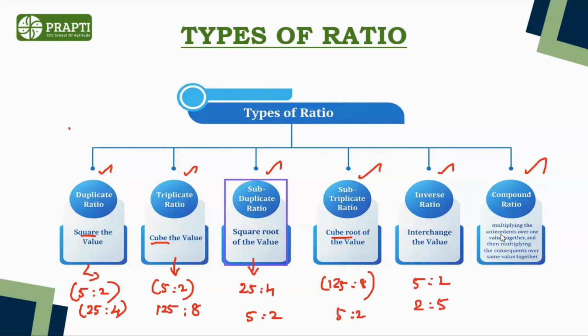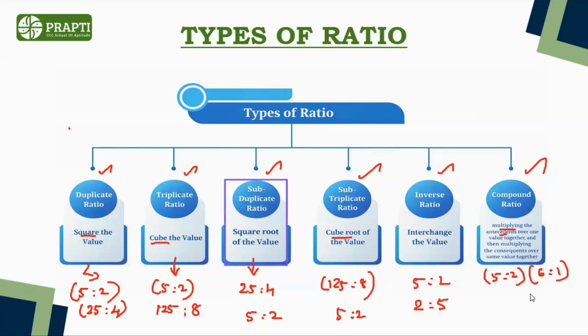And compound ratio is nothing but multiplying the antecedents of one value together and then multiplying the consequents together. For example, imagine I have 5 is to 2 and 6 is to 1.